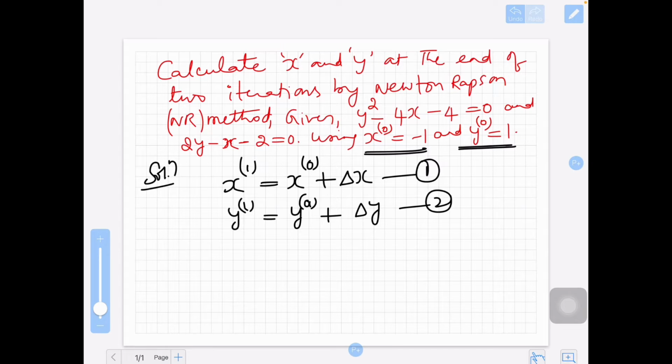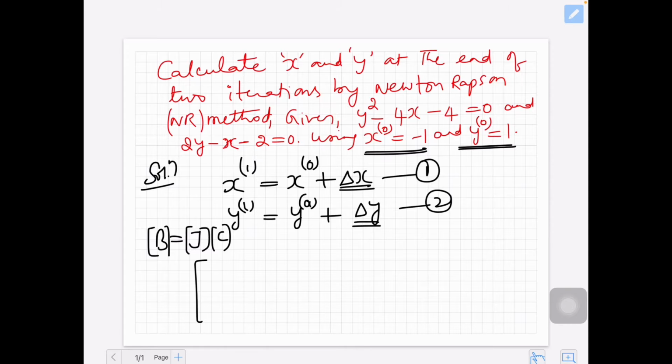To find the values of delta x and delta y, we will use the formula in NR method, that is B = JC. This is the formula for NR method. Let us write this for the given mathematical equations.